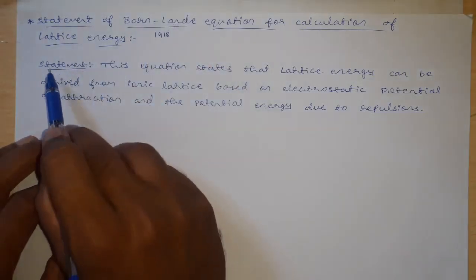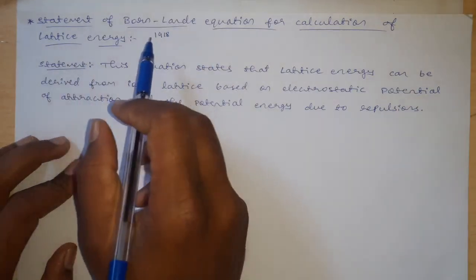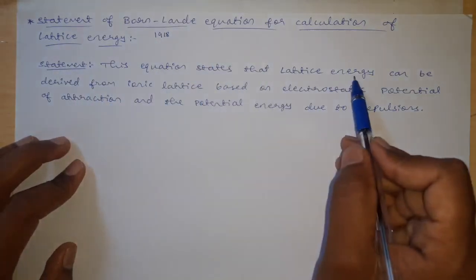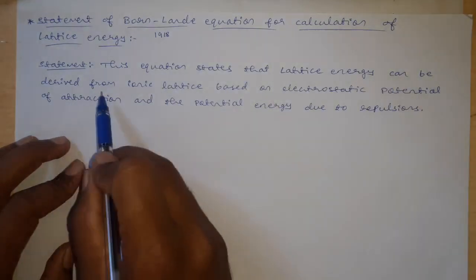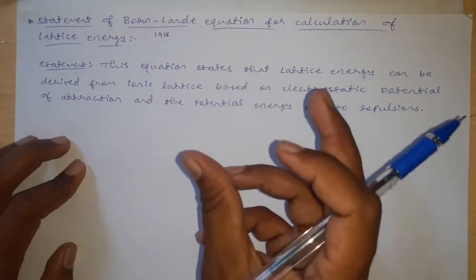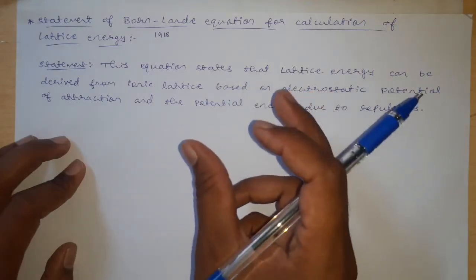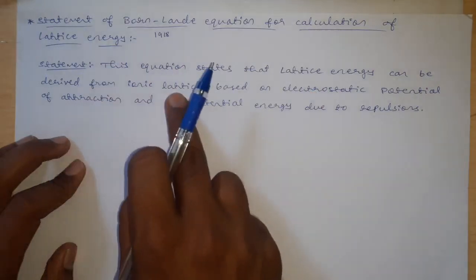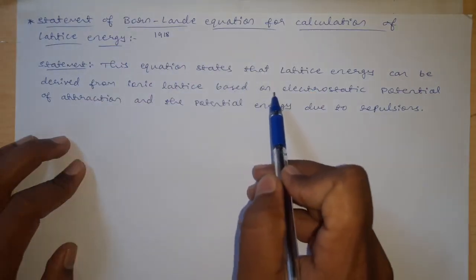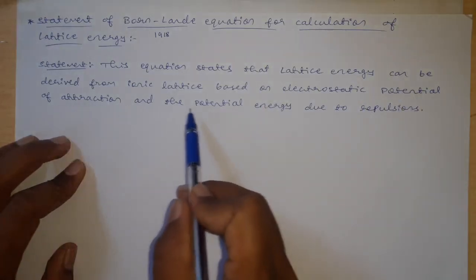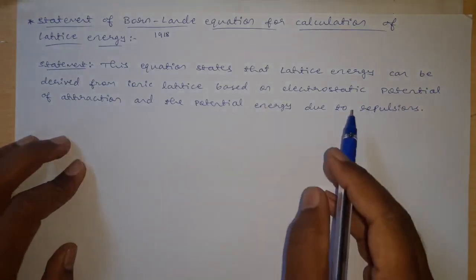The statement of that equation is: this equation states that lattice energy can be derived from an ionic lattice. The lattice energy of a particular ionic lattice is derived based on the electrostatic potential of attraction and the potential energy due to the repulsion.